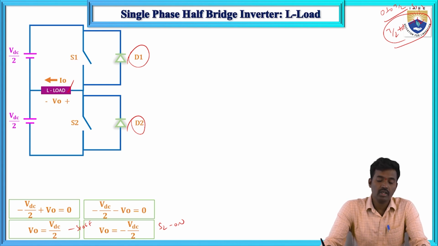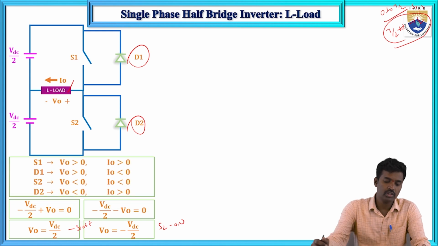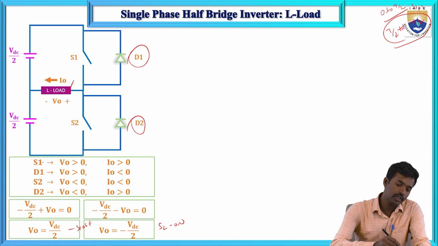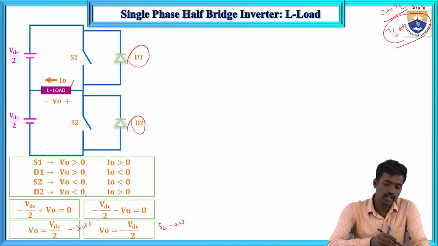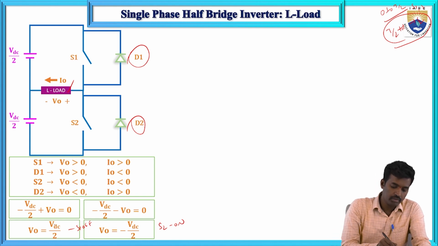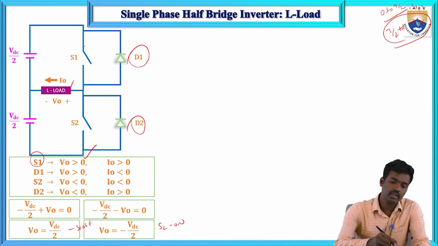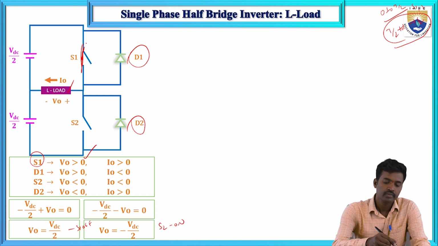Now let us understand the time duration for each switch. First, S1 is conducting, which means V naught is always positive. When S1 is on, I naught is greater than 0.